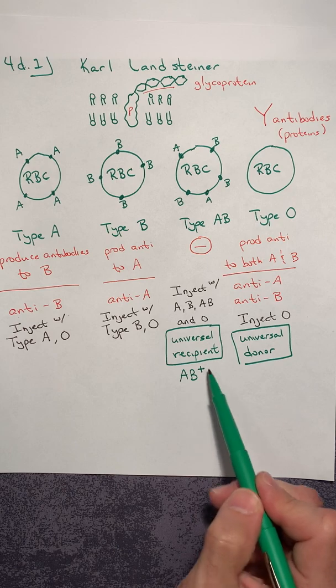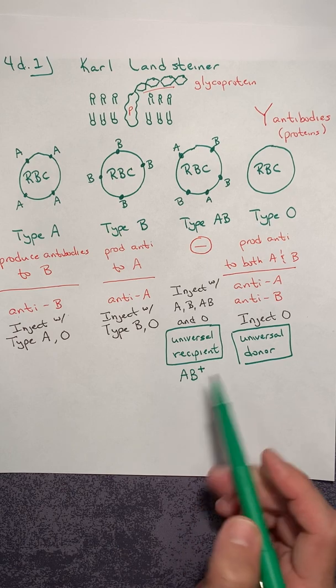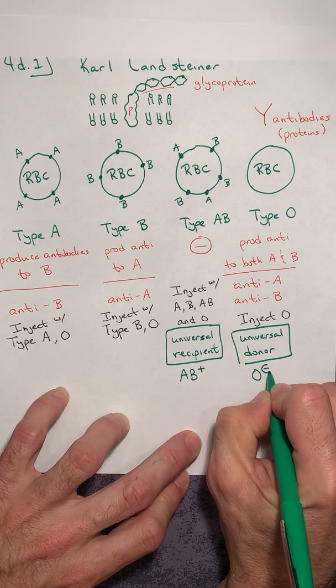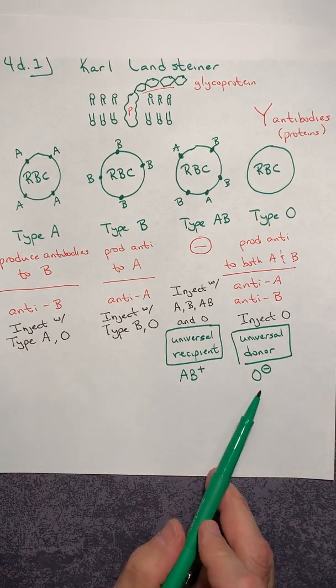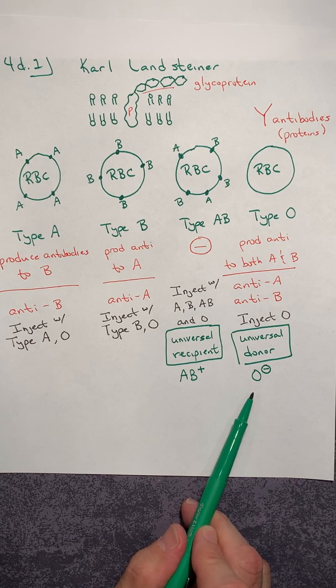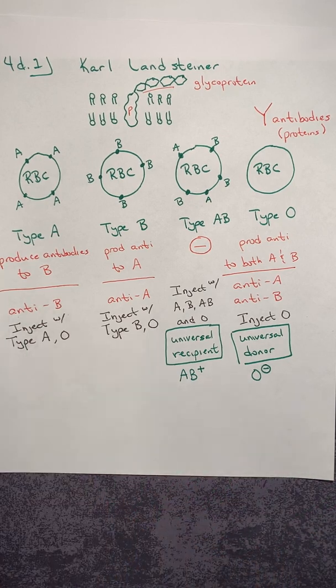That is truly the universal recipient. Then the universal donor is actually O negative. Why? Because there's no A glycoprotein, there's no B glycoprotein, and there's no Rh factor. So that's 4D.1, and then we'll take this information and tackle a codominant blood typing question.